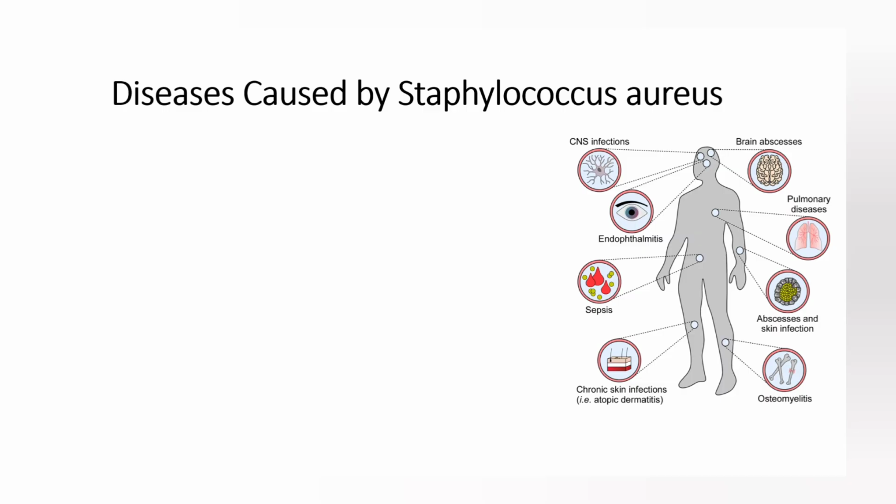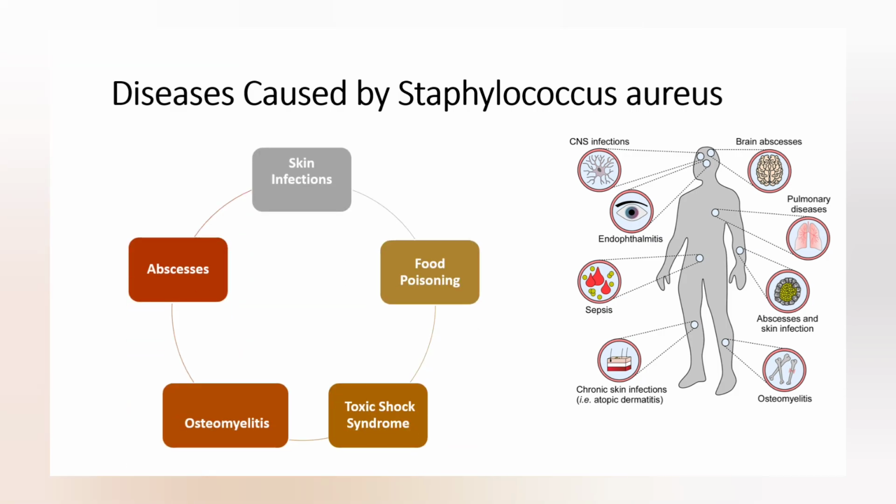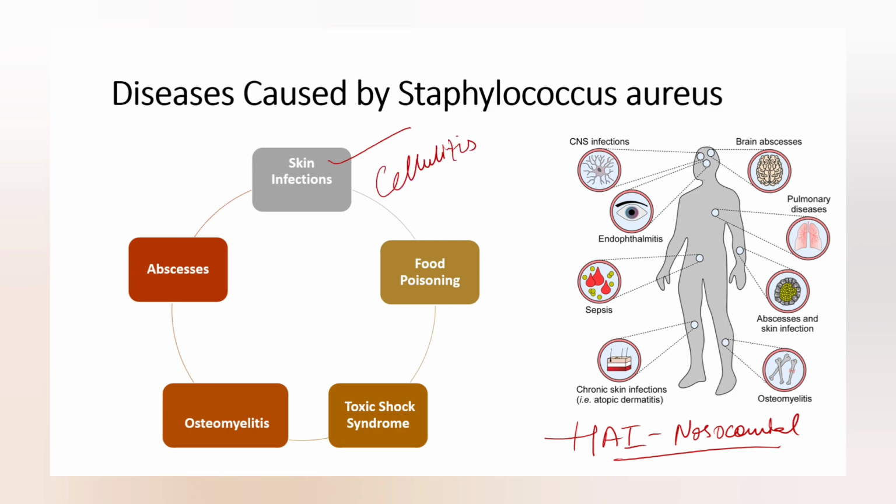So let's study about the diseases caused by Staphylococcus aureus. Children, you should know that Staphylococcus aureus is a major causative agent of healthcare associated infection, also known as nosocomial infections. It can cause a variety of infections such as skin infections, for example cellulitis, etc. Then it can cause food poisoning, other GIT infections, toxic shock syndrome, osteomyelitis, and abscesses.